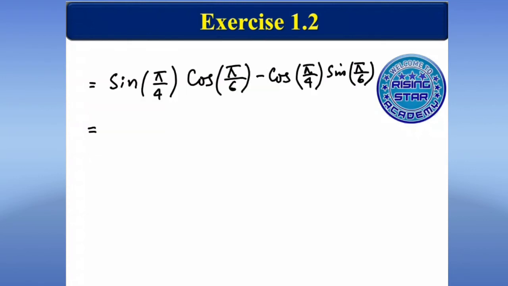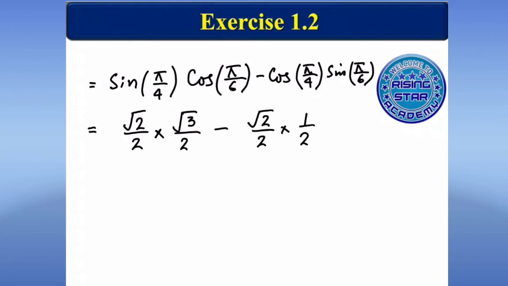In this step, sine pi by 4 would become square root 2 by 2 and cos pi by 6 will become square root 3 by 2, minus cos pi by 4 is also square root 2 by 2 and sine pi by 6 will become 1 by 2.